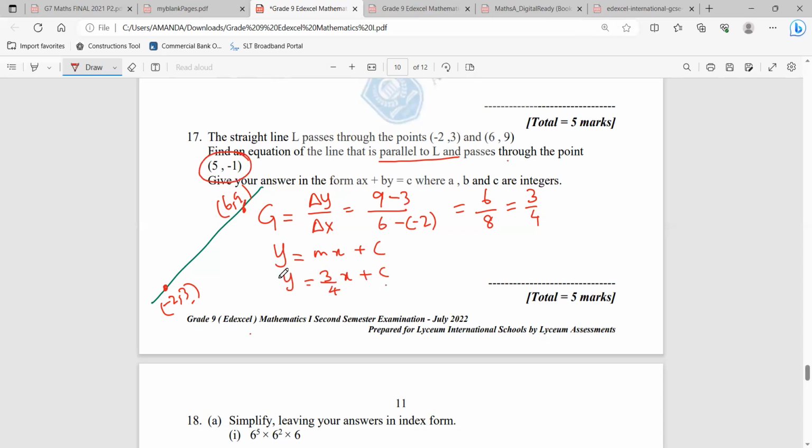So y equals -1, gradient 3 divided by 4, x is 5, plus c. So -1 equals 15 divided by 4 plus c. Now we need to find c.